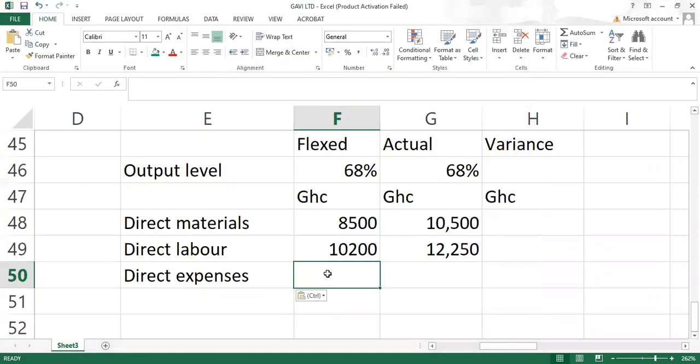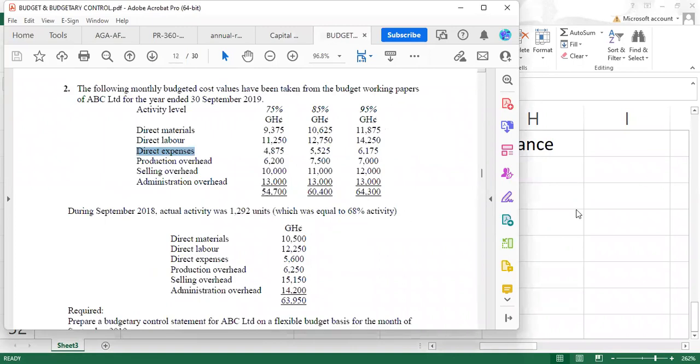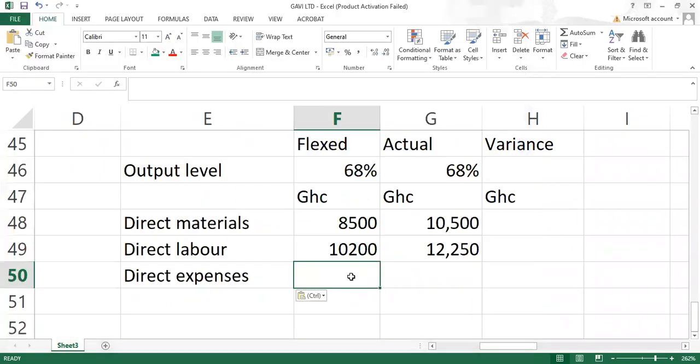Variable. So if we are having 65%, what will be the cost for 68%? It will be $4,420.